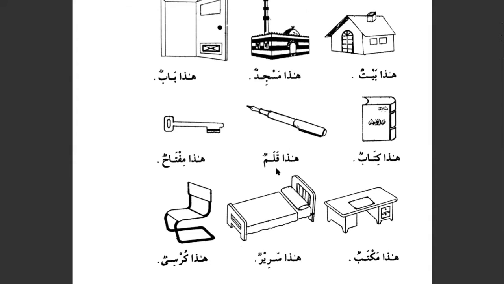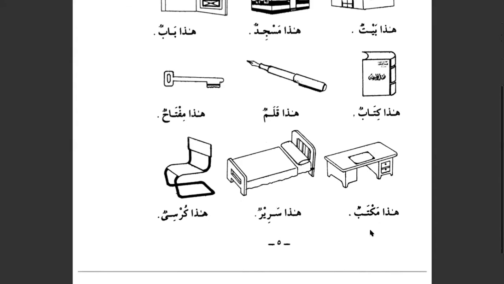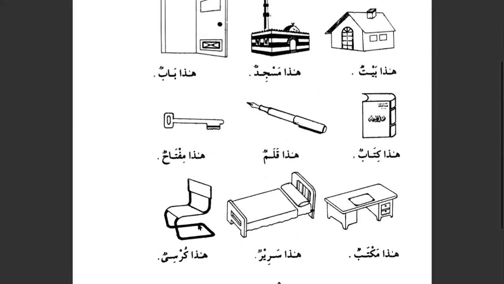This is a pen, a pencil. هذا مفتاح. This is a key. هذا مكتب. This is a desk. هذا سرير. This is a bed. هذا كرسي. This is a chair. Mumtaz. So mashallah, your reading's good.